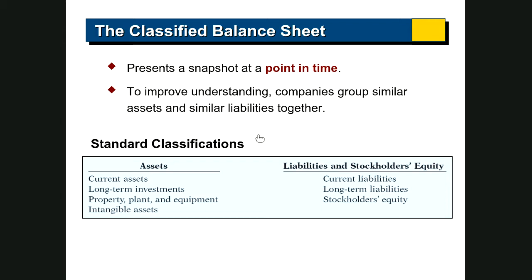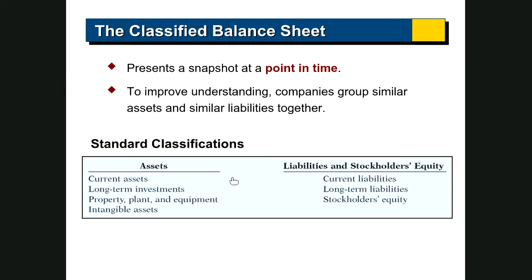Now, to understand the items, the balance sheet is broken down into further sections, and a particular type of items are recorded in each one of these sections. So let's discuss these items one at a time.